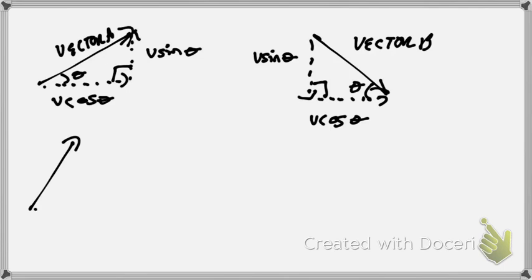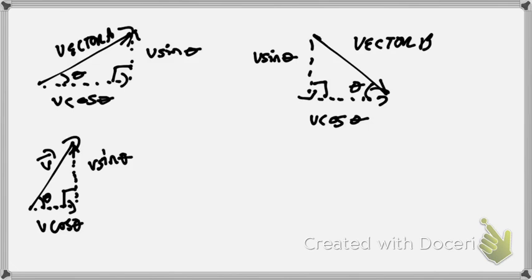You have one like that, with angle theta. This is v sine theta, and this is v cosine theta.